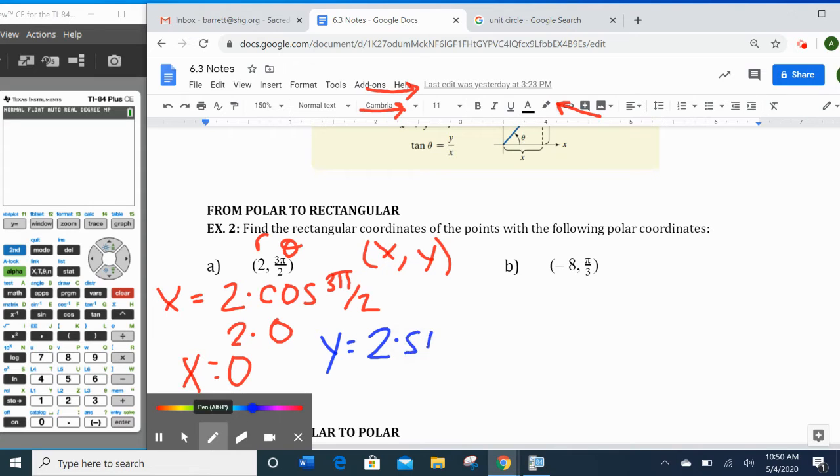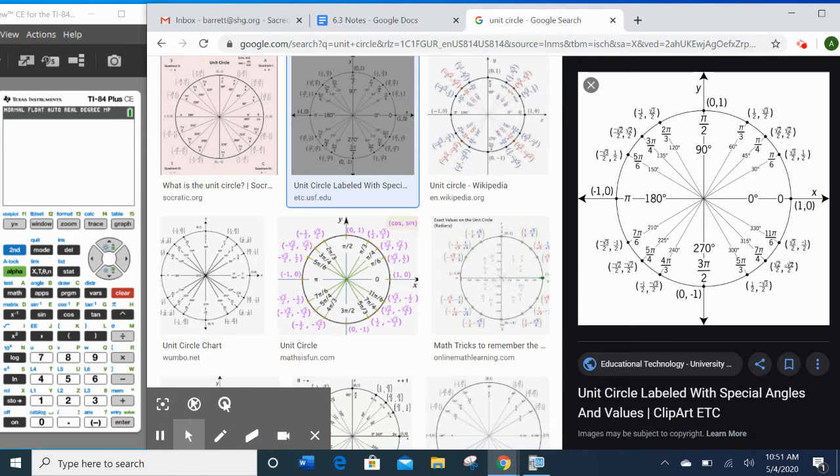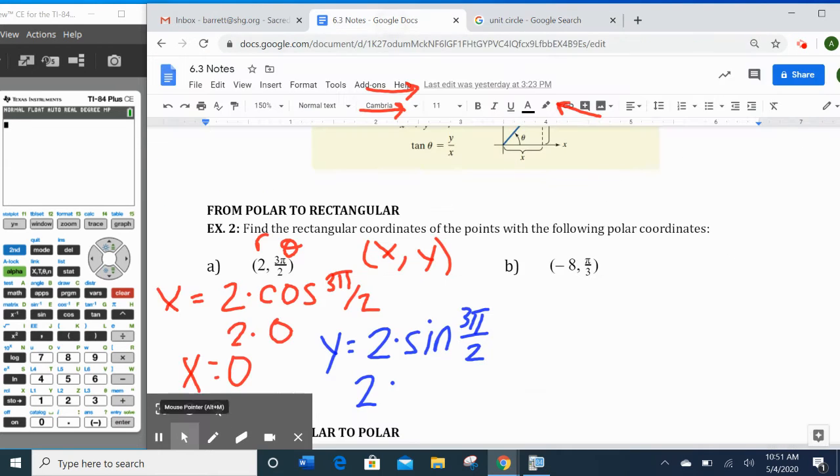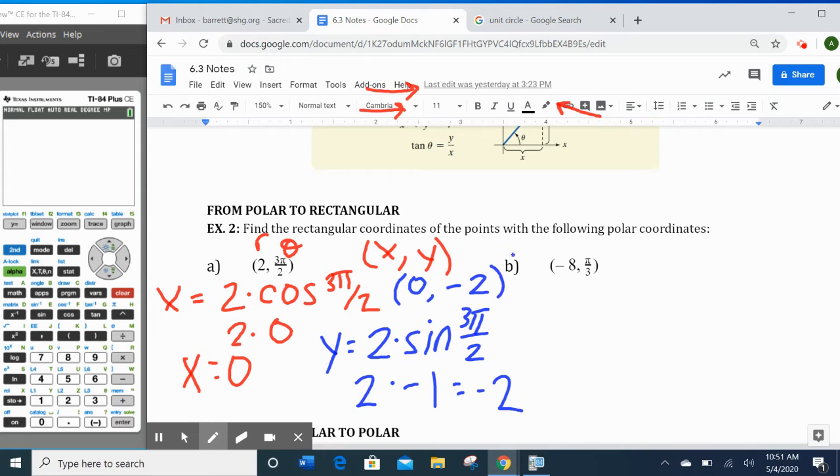So 2 times sine of 3 pi over 2. The sine of 3 pi over 2, which is the y coordinate at 3 pi over 2, is -1. So 2 times -1 is -2. So the rectangular coordinates representative of this are the point (0, -2).